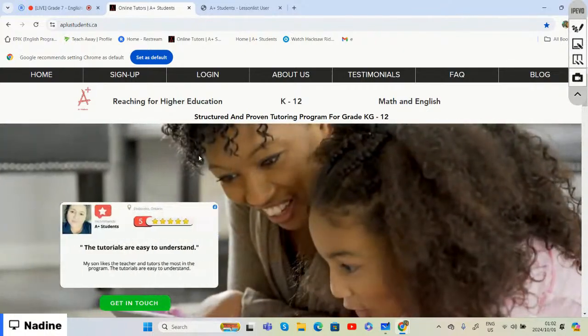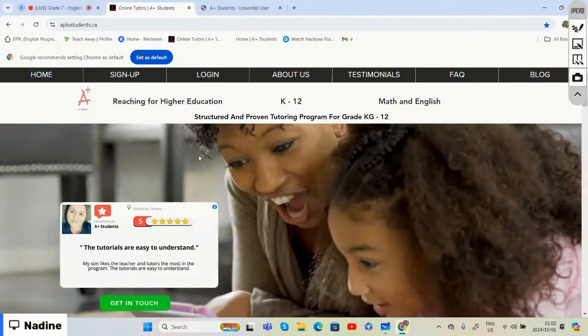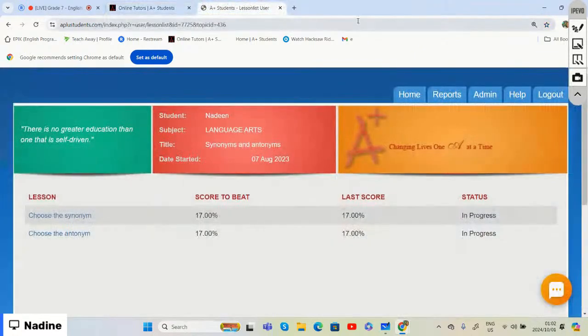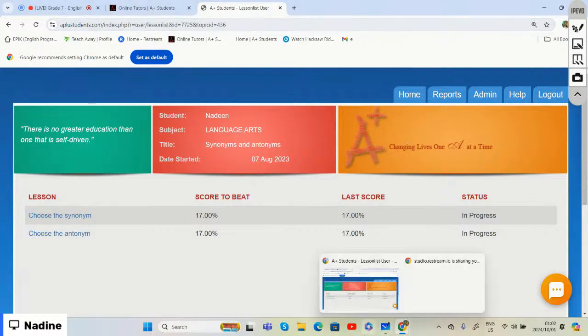Then we're going to scroll down until we get to our chapter of synonyms and antonyms. All right.